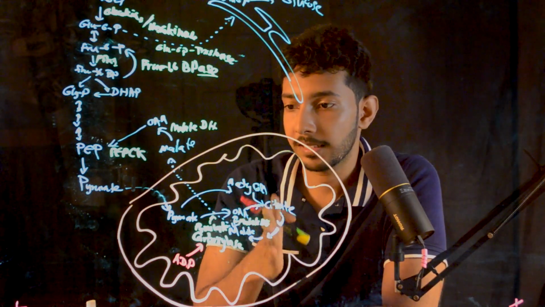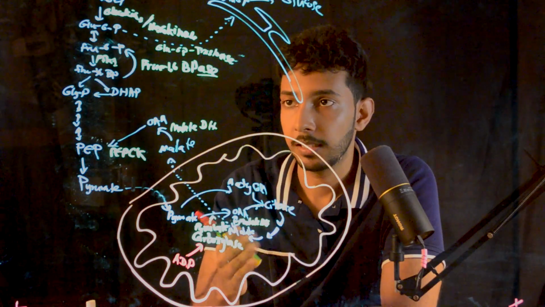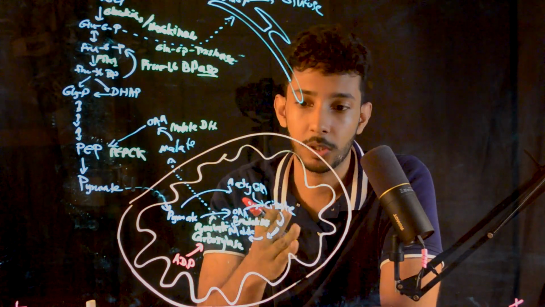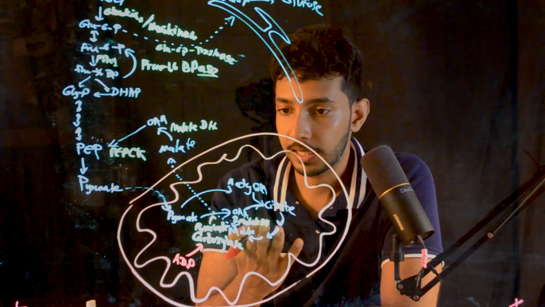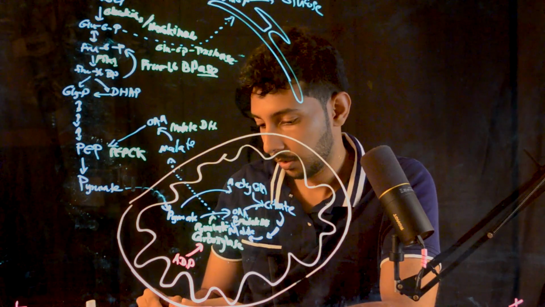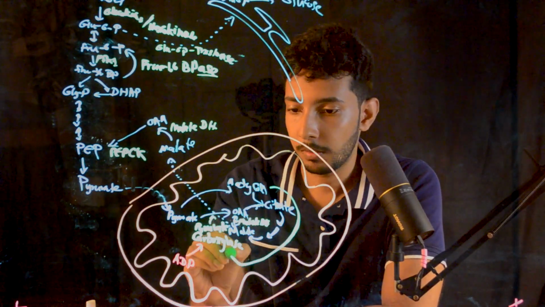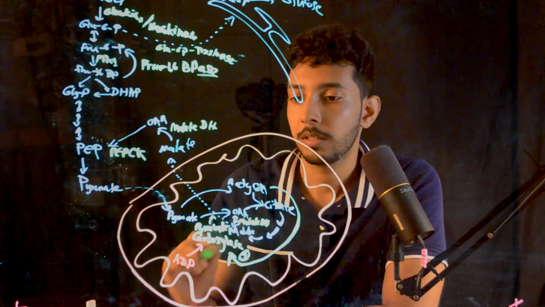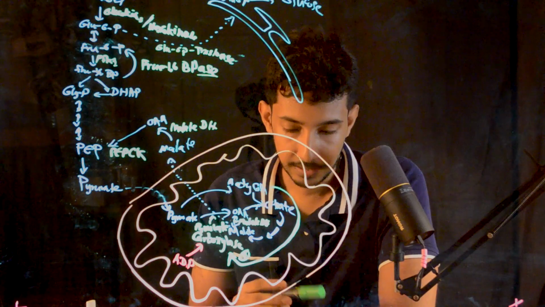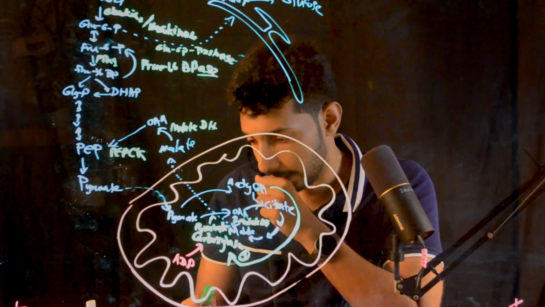So that is a signal for a positive regulation in the gluconeogenesis pathway, because if you have a lot of acetyl-CoA which is not going into the citric acid cycle, that means it has to go back up to glucose. So we have acetyl-CoA positively regulating this reaction. And then we go to the second reaction, PEP carboxykinase.